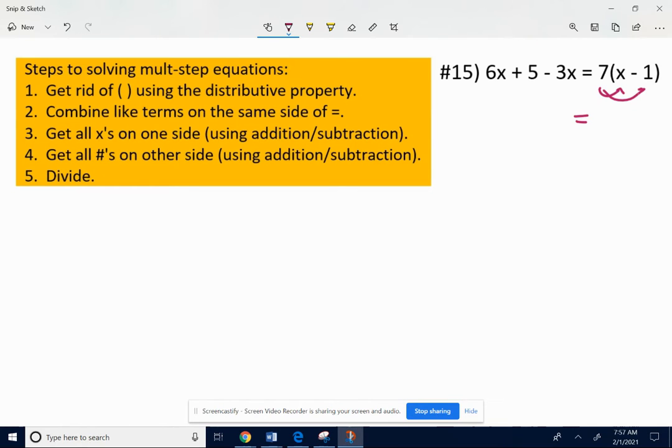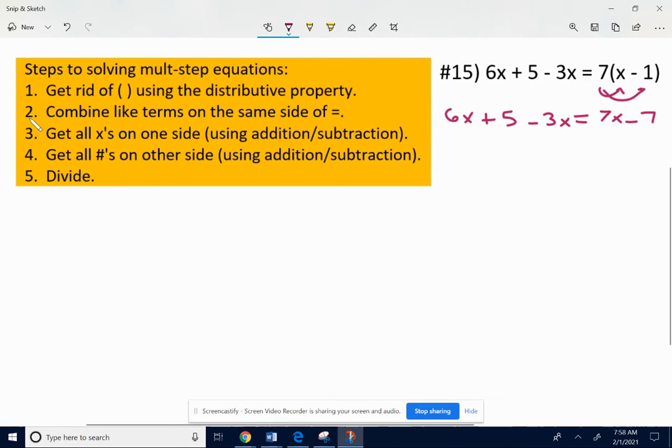So 7 times x is 7x, and 7 times negative 1, I'm treating that subtraction symbol as a negative, is a negative 7. So I have 7x minus 7 on the right. On the left, I'm just going to copy down what I have: 6x plus 5 minus 3x equals 7x minus 7.